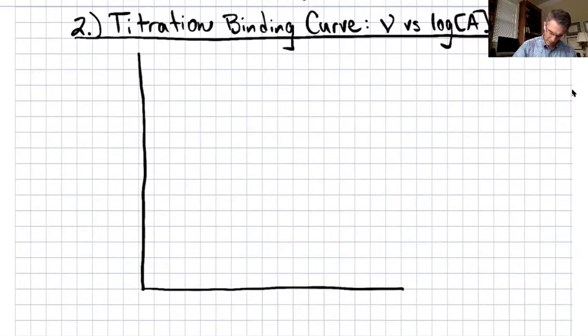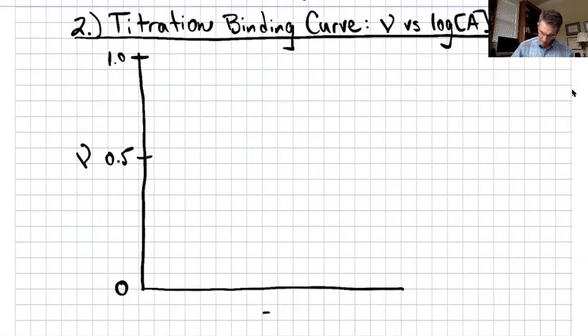So now we're looking at degree of binding on the y-axis. Here we're looking at, again, concentration of ligand, right? Again, we're at 1, 0.5 and 0.